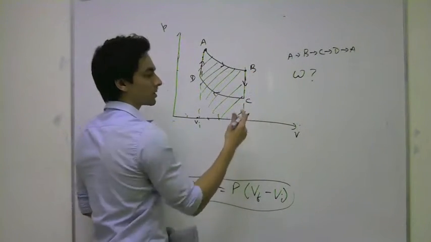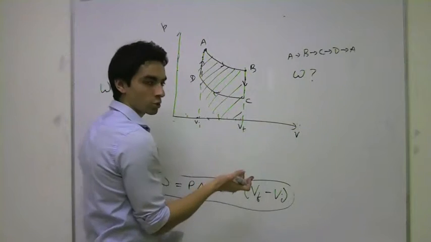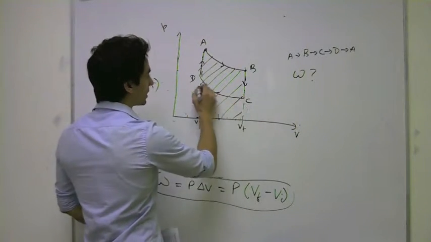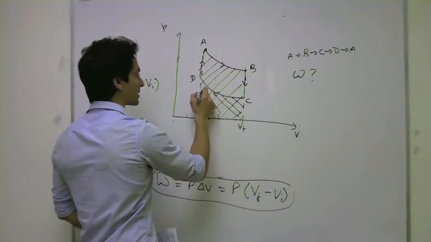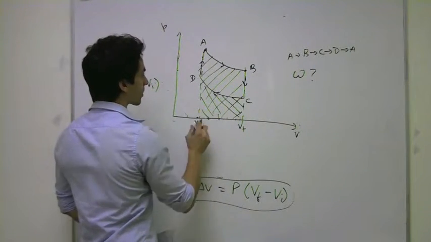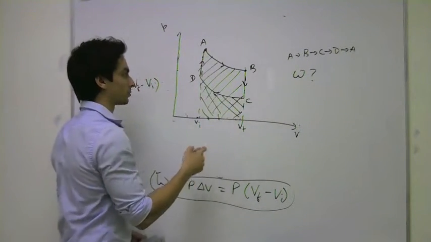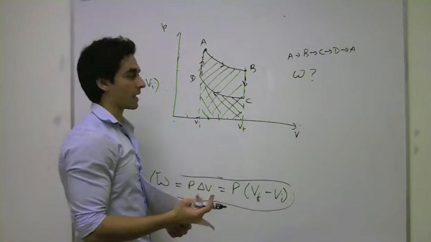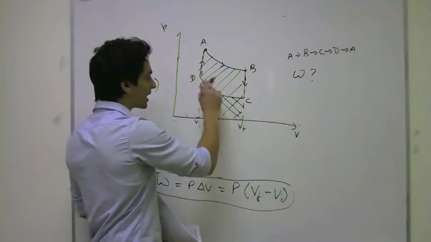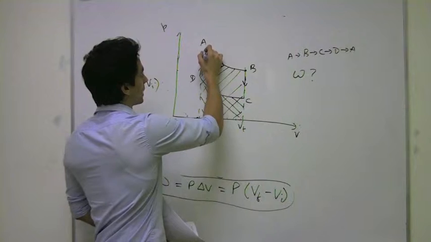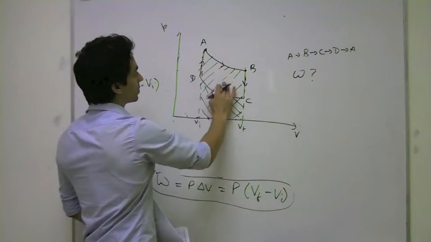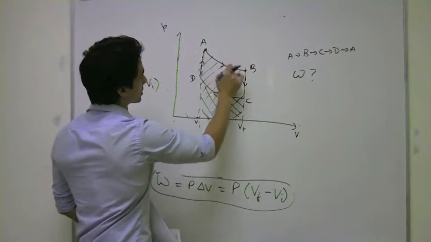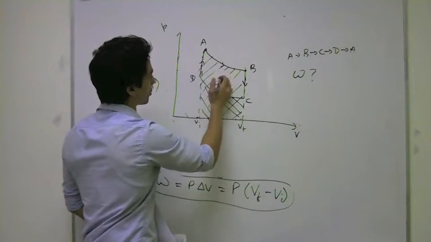Coming from B to C, there is no work done by the gas as there is no change in volume. From C to D, there is a compression, so this much work is done on the gas. And from D to A, again there is no work done as the volume is constant. So the net work done in moving from A to B to C to D to A should be the area enclosed within this structure over here.